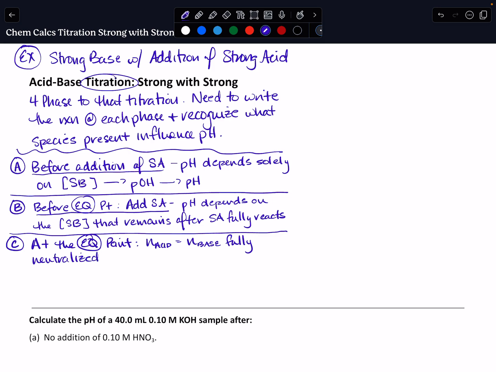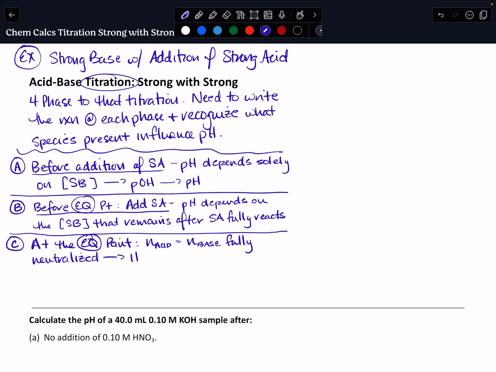If it's a strong acid and a strong base, when we have a full neutralization, we're going to get a salt and we're going to get water. Now that salt will have no impact on our pH because they are the conjugate acid and base of a strong acid and base, which makes them very weak. So they do not influence pH. So the only thing that's present that has any influence over pH is water.